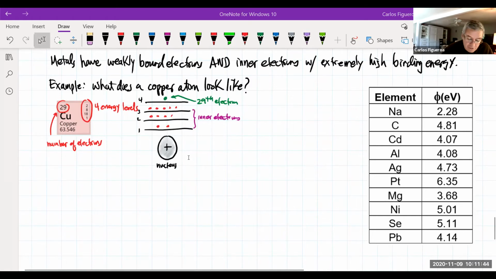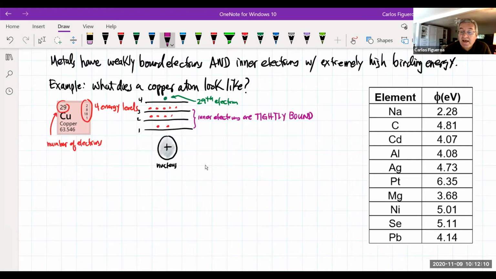So one of the things that we see here is that these inner electrons are tightly bound. And if you try to get some of these out, you got to use some serious energy. In fact, to get some of these inner electrons out, you need to use X-rays.